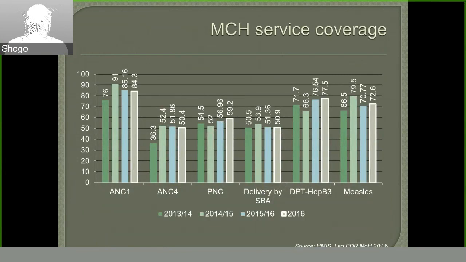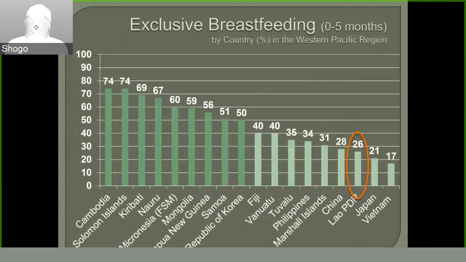So you can see it's still quite low. And for exclusive breastfeeding, as of, I think, 2012 or 13, Laos PDR is still 26%. It's quite low.